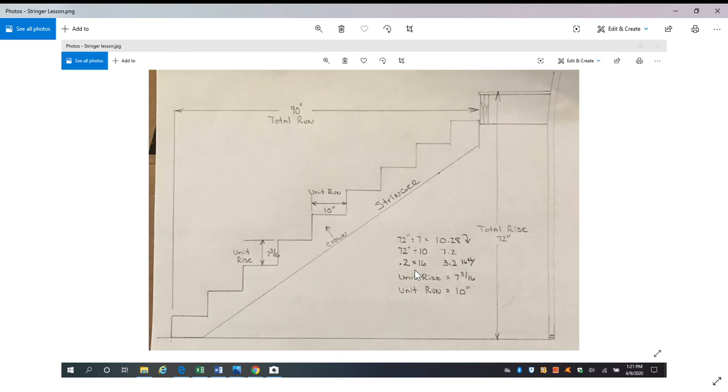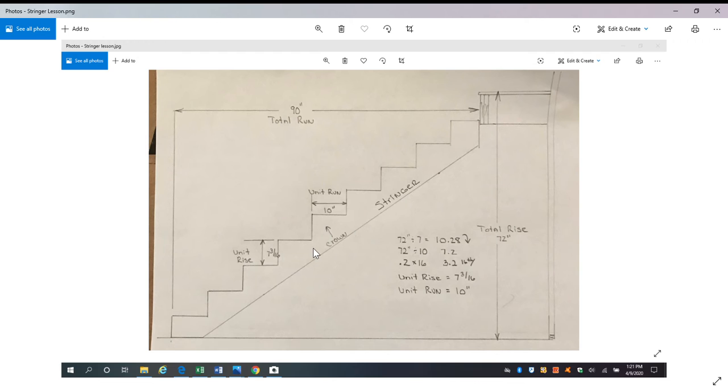But one thing that was neat in that video, that guy taught me something I've never done before: you take the 0.2 times 16 and it converts it into sixteenths. So it works out to be 3.2 sixteenths of an inch. So you round that down to 7 and 3/16. That's what your individual unit rise will be, 7 and 3/16.